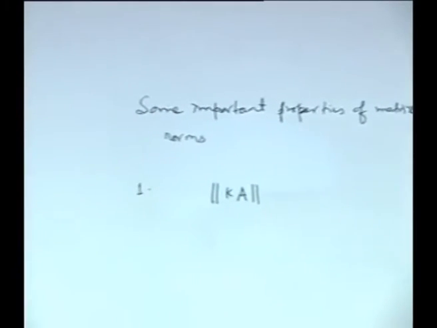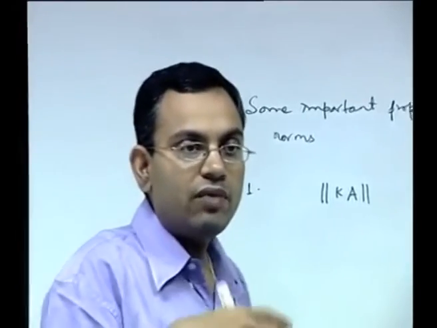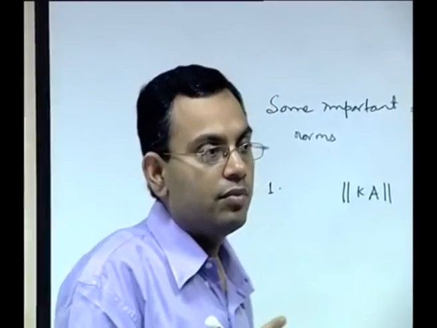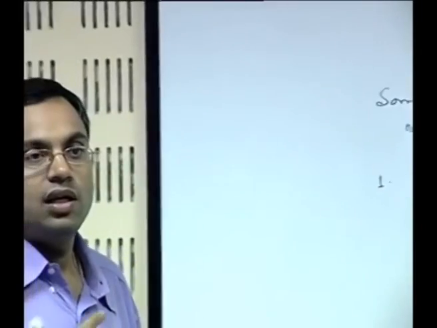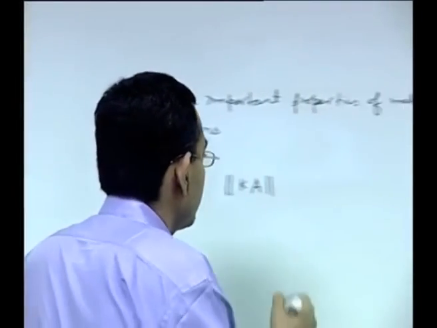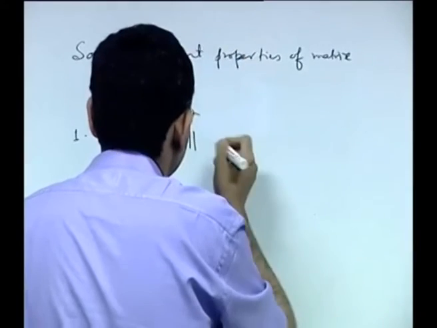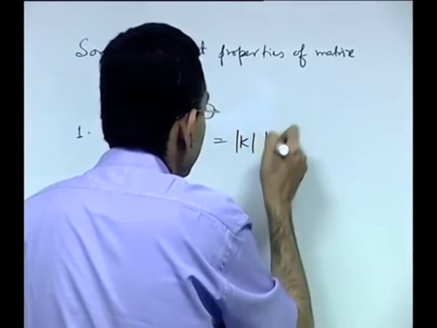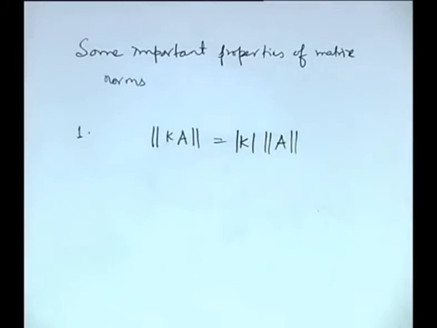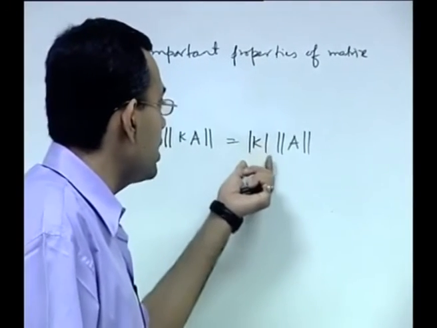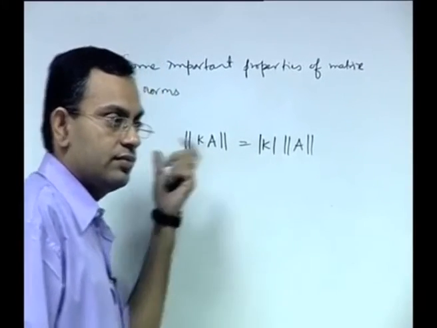So, the mod is like the second norm, but you could have different types of norms possible, but like mod it returns always a positive number. Where K is a scalar, it is a signed scalar, it can be positive, negative, whatever. So, this mod of K is there to preserve the positivity of norm of K.